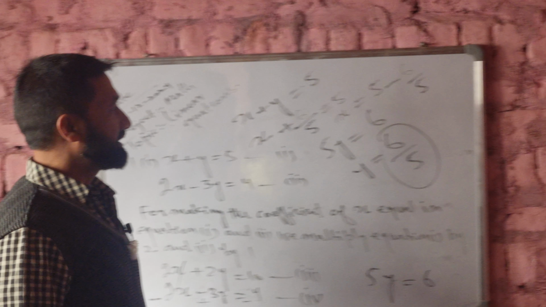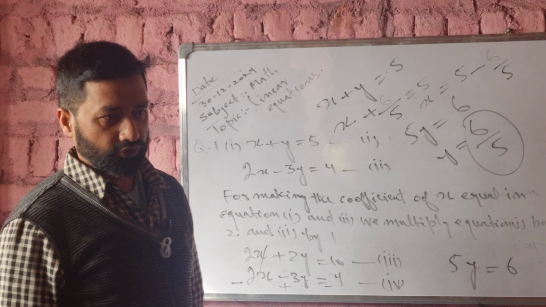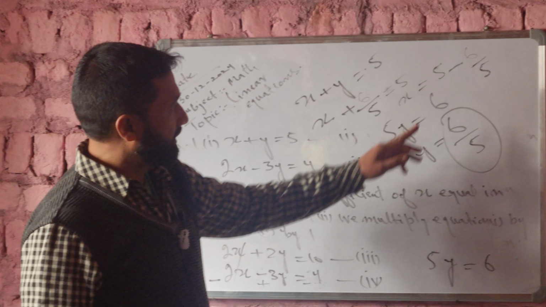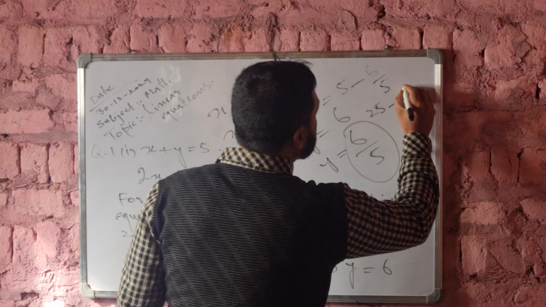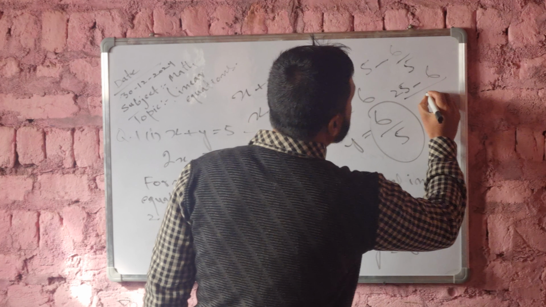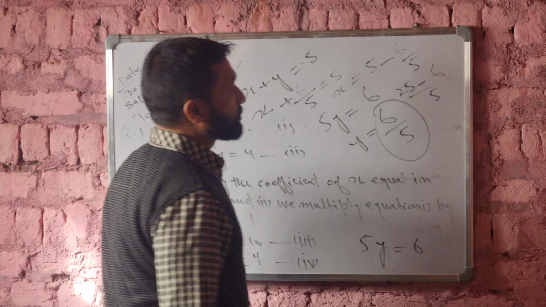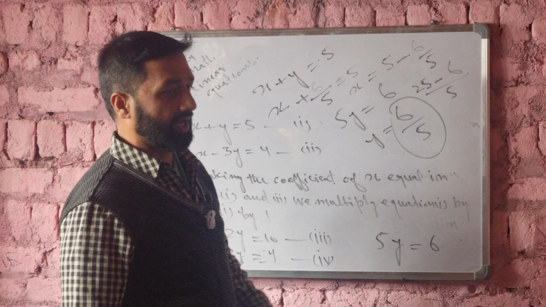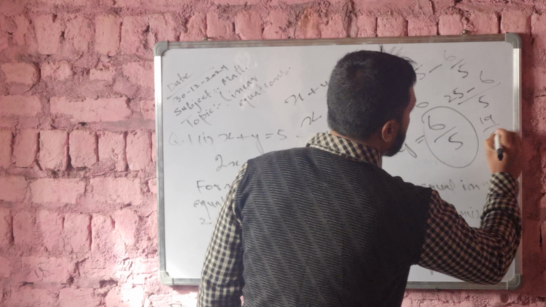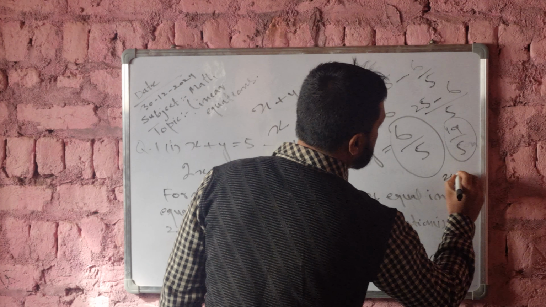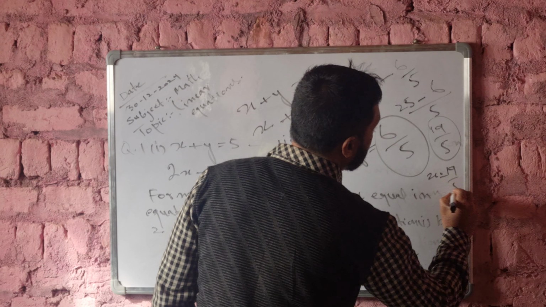Now, applying the cross multiplication method: 5 fives are 25, 25 minus 6 ones are 6, divided by 5 ones are 5. When you subtract 6 from 25, it becomes 19/5. Therefore, x = 19/5.